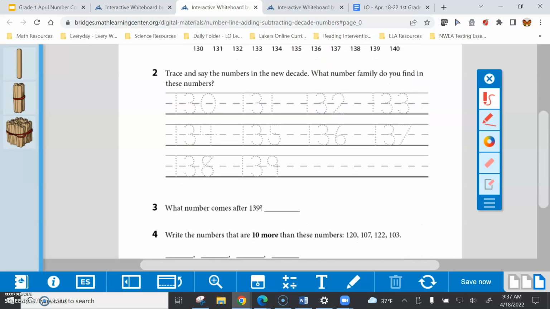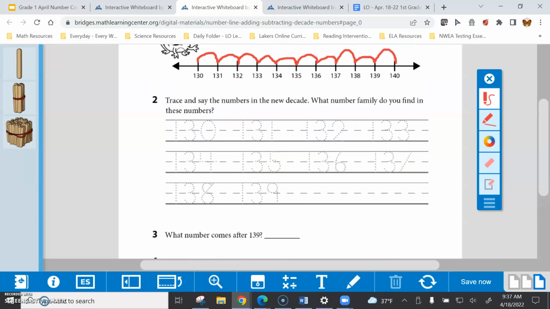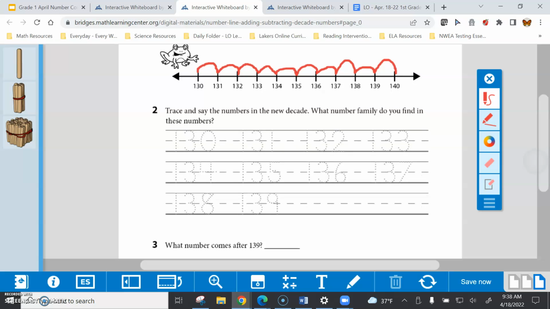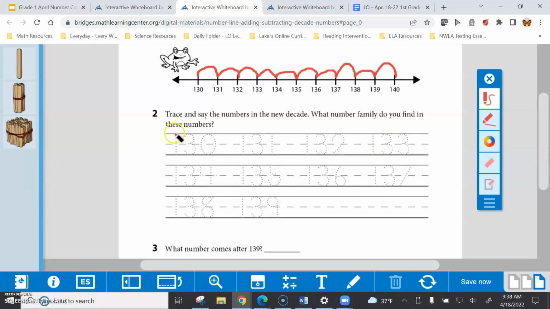As you know, with these activities, we have a few jobs to do. So after we have hopped and counted, which is what it asked us to do, we are now going to trace over all of the numbers on this page. So you'll trace over each of these numbers. Great way to practice writing our numbers, but also a great way to practice counting our numbers. 130, 131, 132, 133, 134.